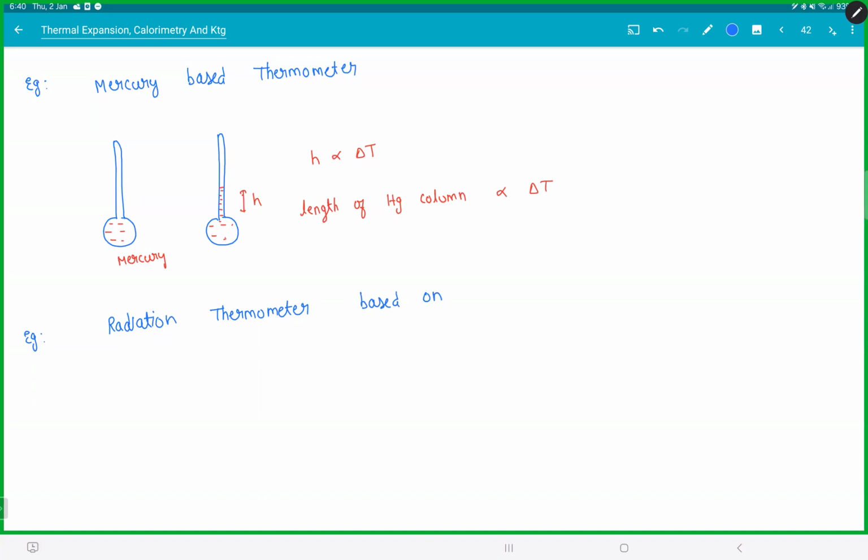Low temperatures, they don't work well because there are a lot of other photons and things get messed up. At high temperatures, it works really well. Then we also have gas-based thermometers, but the idea is the same. It's kind of like the liquid one.